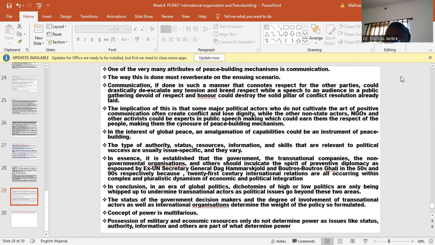It is my expectation and hope that students should be able to understand what it is when it comes to peace building and how international organizations have contributed immensely to it.